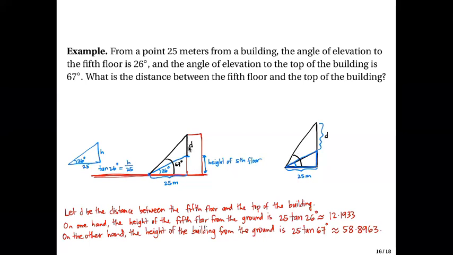Therefore, D is just the total height minus the height of the fifth floor.